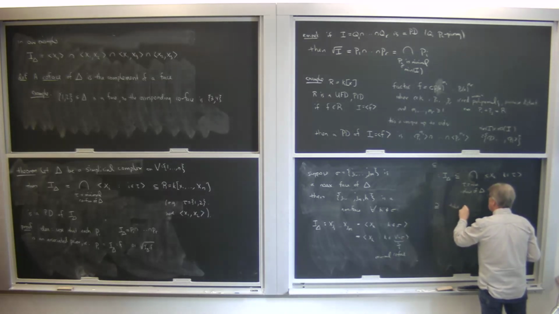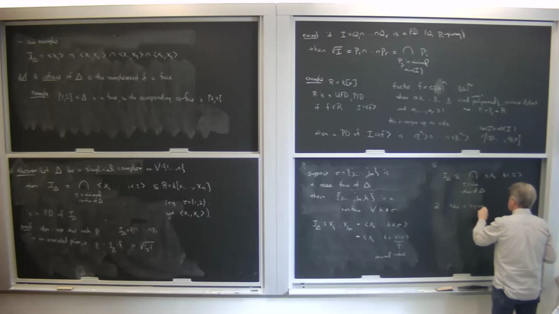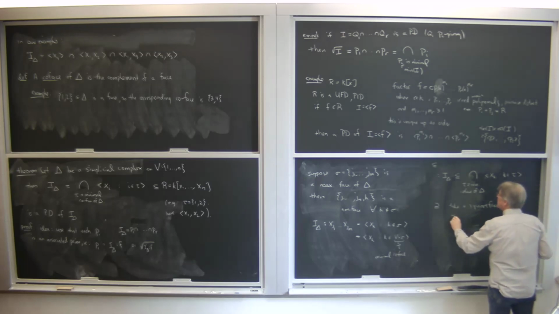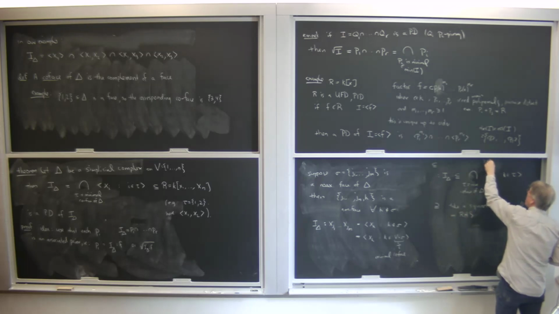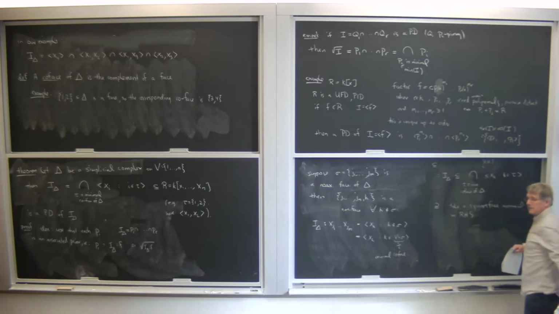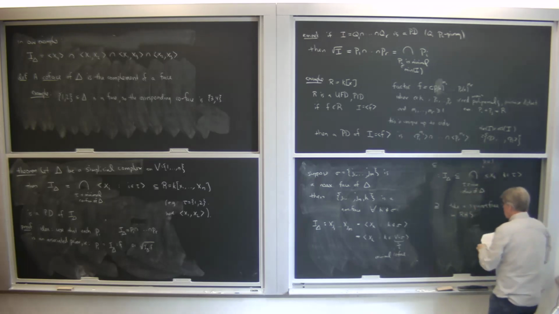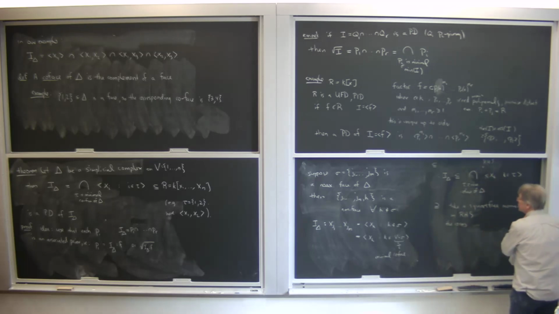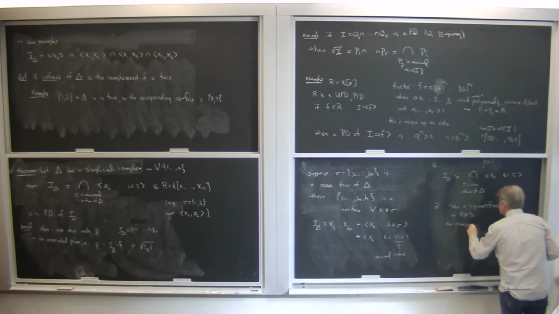Take a square free monomial in the right-hand side. It's this guy here. Okay. The corresponding subset, which is just the support of that square free monomial.